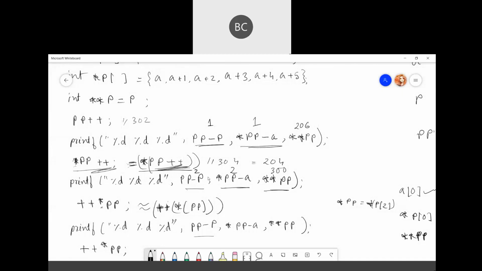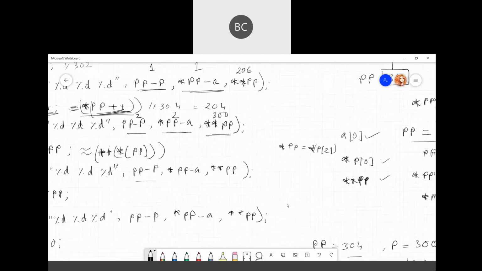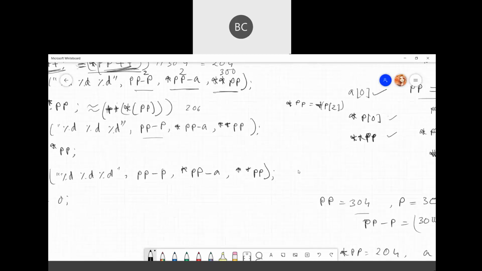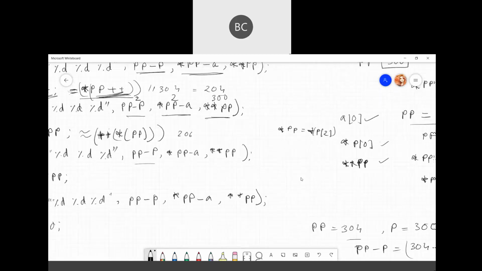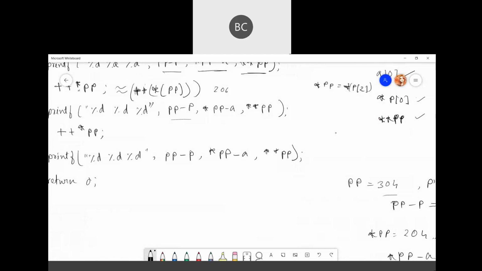Now again we need to print these lines. How will it work now? Again do the same thing. Ultimately this value is 206 here. PP is 304, right?